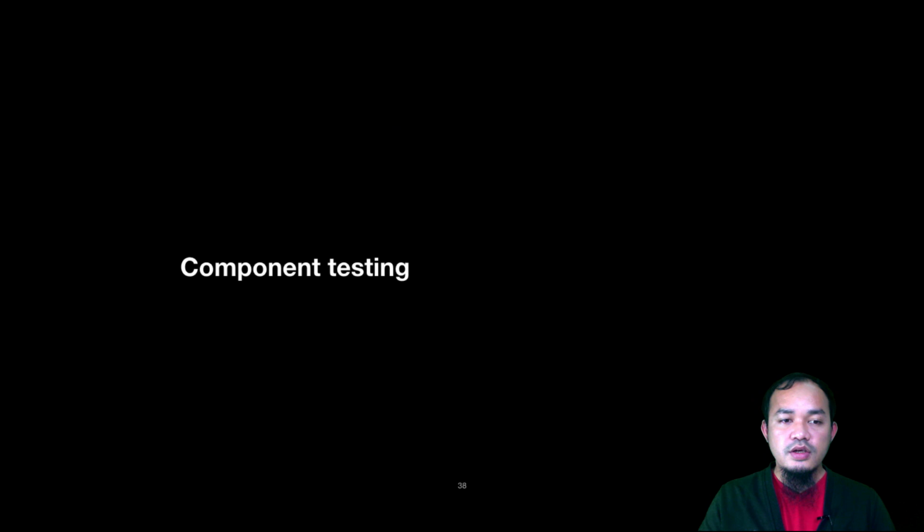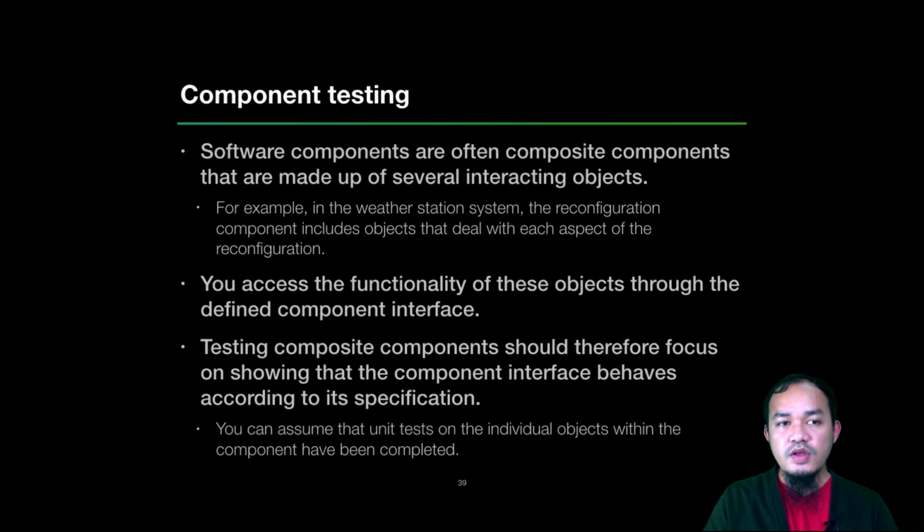Okay, we talk about unit testing. Unit testing focuses on testing the class, object, method, property or function. There is another level of testing called component testing. Software components are often composed of several interacting objects.